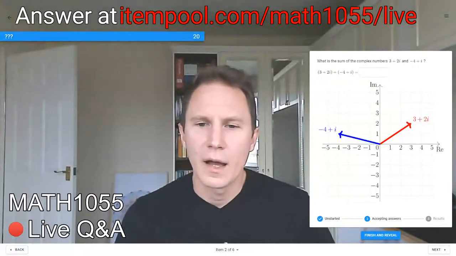What is the sum of these 2 numbers? You have to add these 2 numbers, and there's this picture next to the problem that would help you visualize this whole thing.